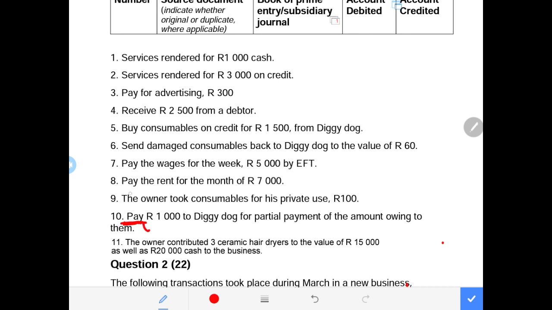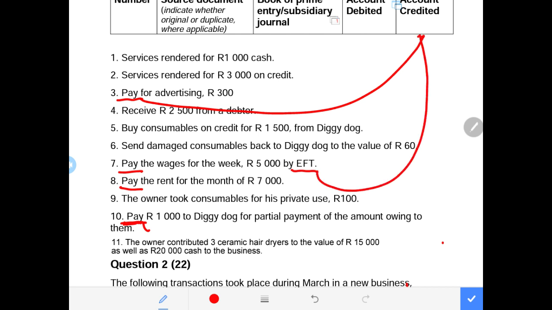Whenever there was pay or there was EFT, bank was recorded on the credit side, all the time there was a pay. Similarly, in this case, we have a pay, so bank is recorded on the credit side.